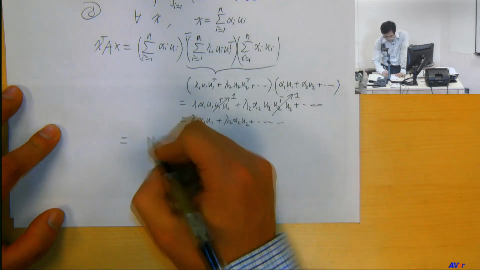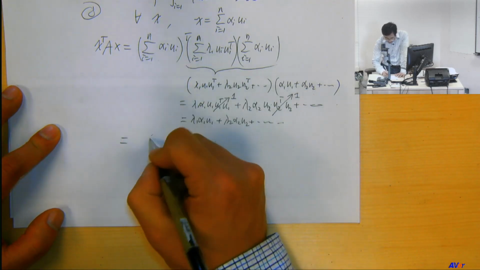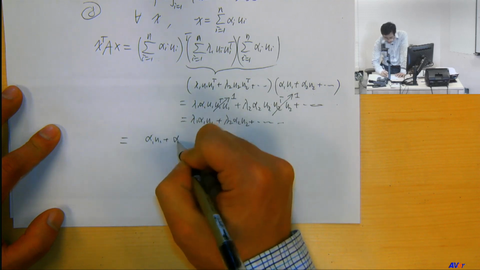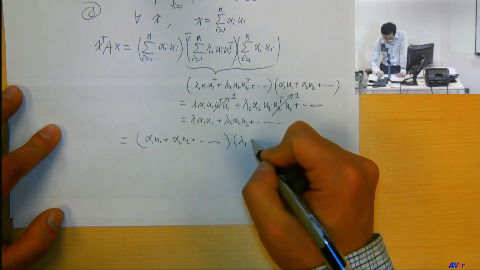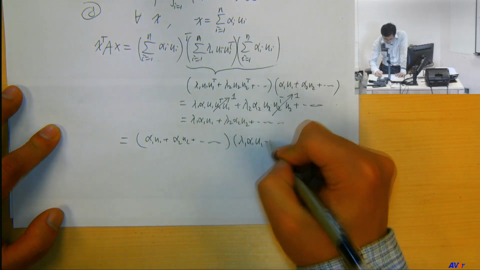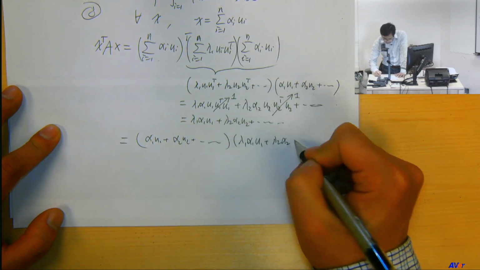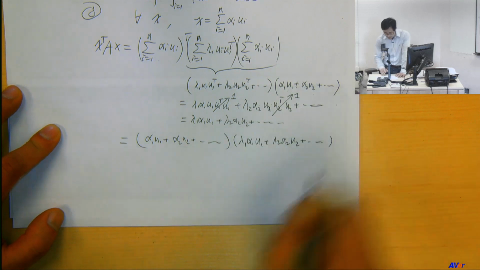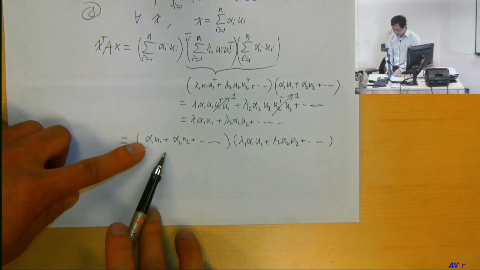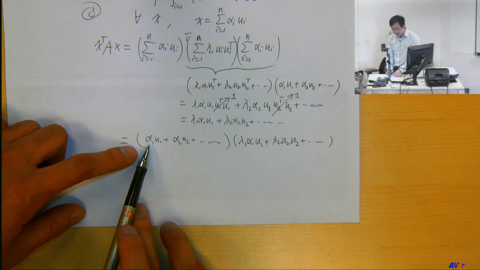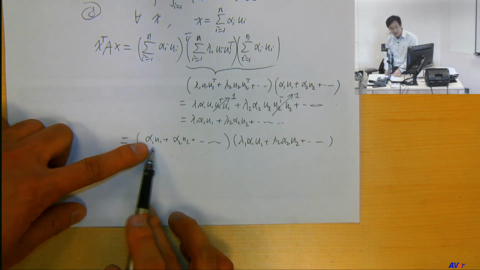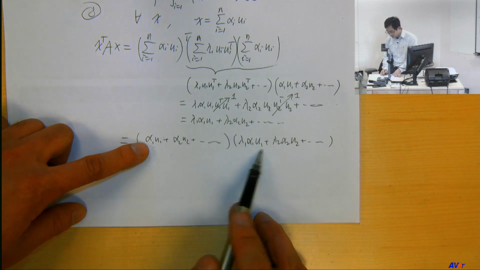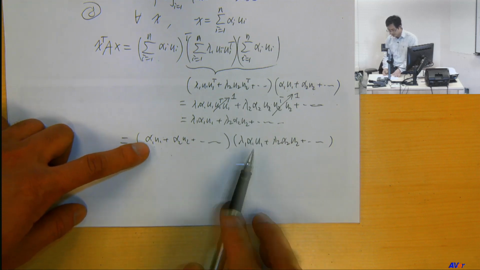It's a very similar structure. This one now is alpha 1 U1 plus alpha 2 U2, etc., times alpha 1 lambda 1, alpha 2 lambda 2, etc. Exactly the same logic. What will be the result? It's only going to matter when multiplying the term with index 1 by the term with index 1 here.